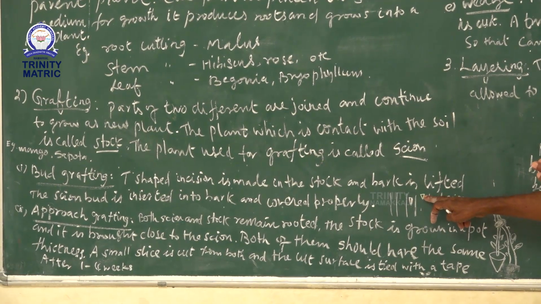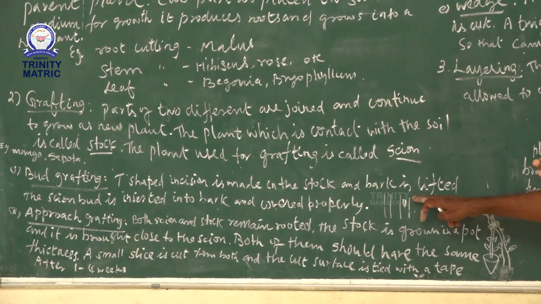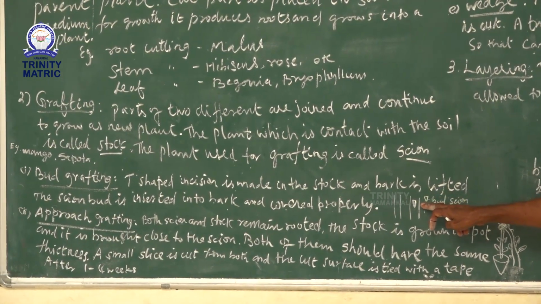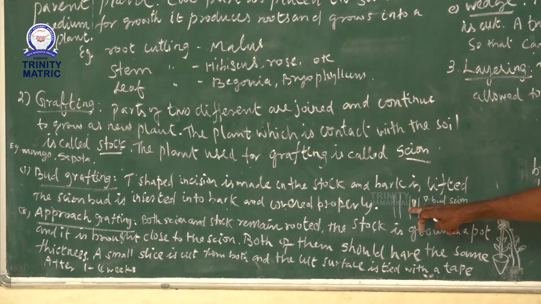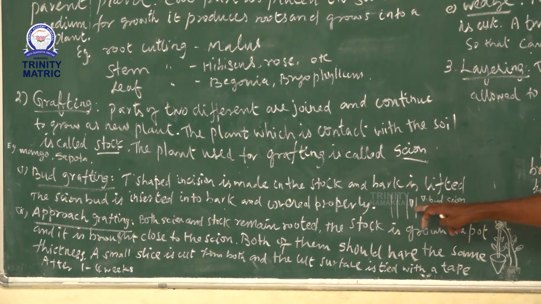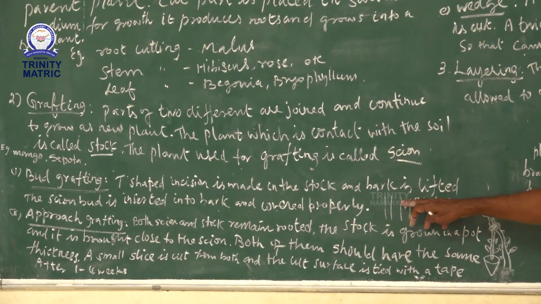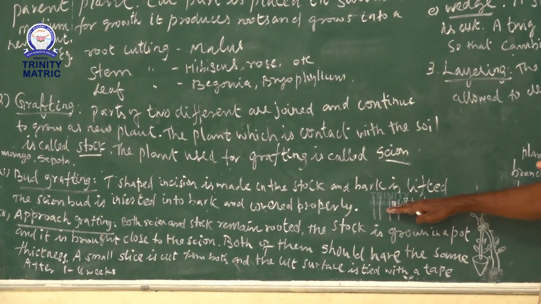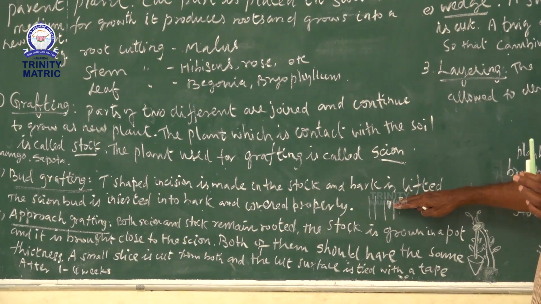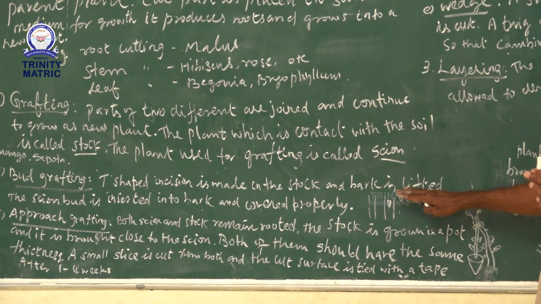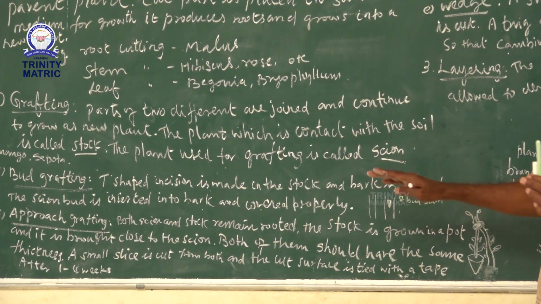The bud of the scion is inserted into the stock, covered properly with a polythene cover or mud and left for a few weeks. New growth then emerges from the scion. This technique is called bud grafting.